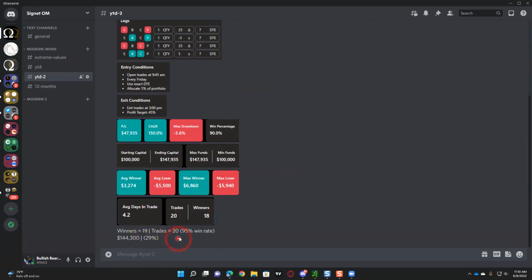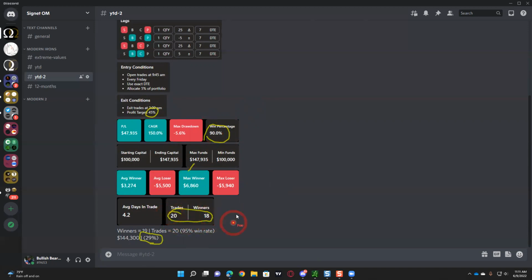19 winners, 1 loser, 95% win rate if we jumped down to 29%. Remember, this back test in all these pictures right here, this was running at 45%. So with a 45% profit target, we could net 147, but that 90% win rate, meaning we would win 9 out of 10 trades, is pretty good, right? In this case, it was winning 18 out of 20 trades.